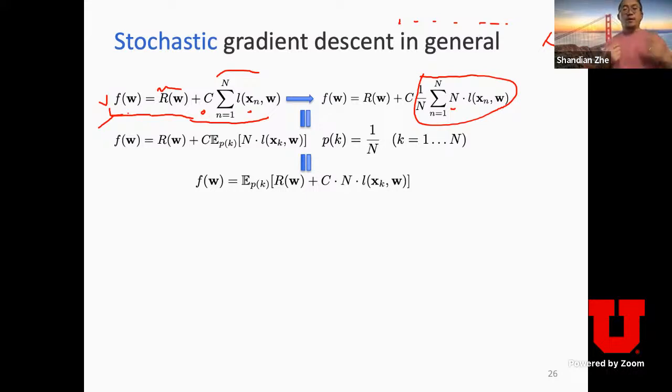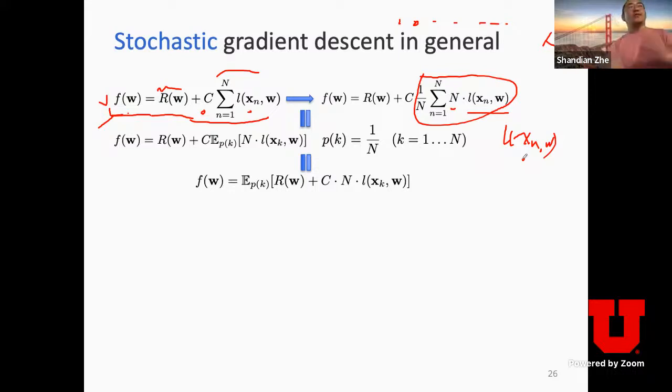That means the probability is 1 over N. Once you pick a data point, you calculate the loss function. So this loss is a random variable, because xn itself is randomly selected by rolling the die.